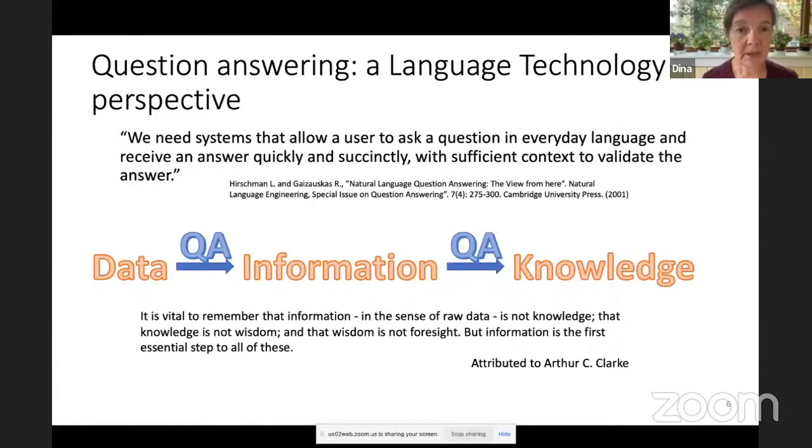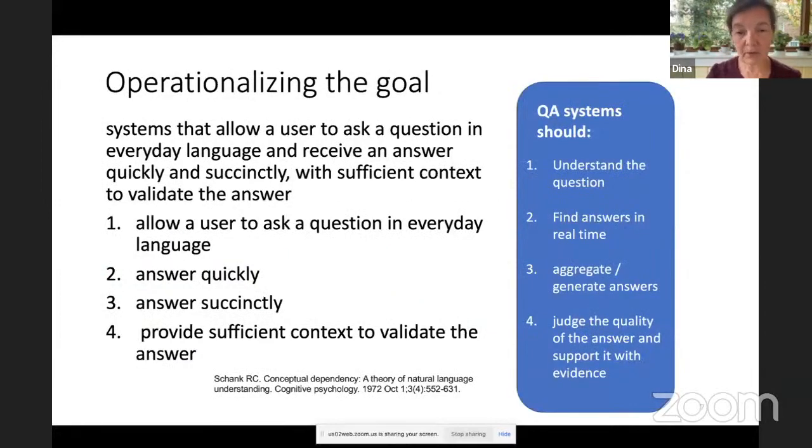So from the AI and language technology perspective, there's this definition of what a question answering system should do. It should allow a user to ask a question in everyday language and receive an answer quickly and succinctly with sufficient context to validate the answer. So if we look at it from, okay, let's build a system that does that. So taking it into these parts is, first, the system has to understand the question.